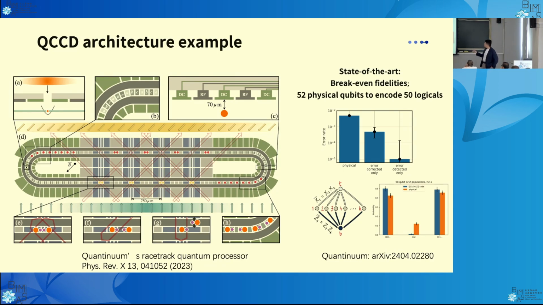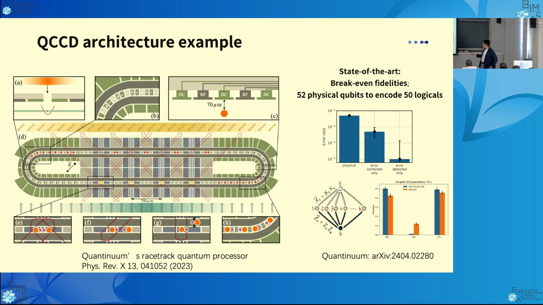There's 300 electrodes in vacuum that one needs to connect in order to build this 52 physical qubit. I believe they have now 56 physical qubits. And the idea is that at any given time, you only perform gates on 2 and 2 ions only.